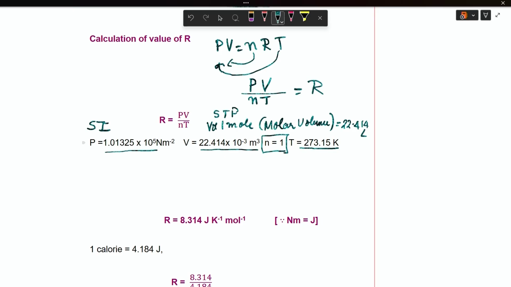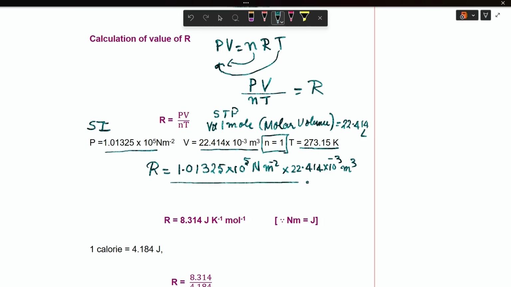Now, I am going to substitute these values and evaluate for R. R is equal to P, that is 1.01325 into 10 to the power 5 newtons per meter square, V is equal to 22.414 into 10 to the power minus 3 meter cube, whole divided by n is equal to 1 and temperature is equal to 273.15 Kelvin.